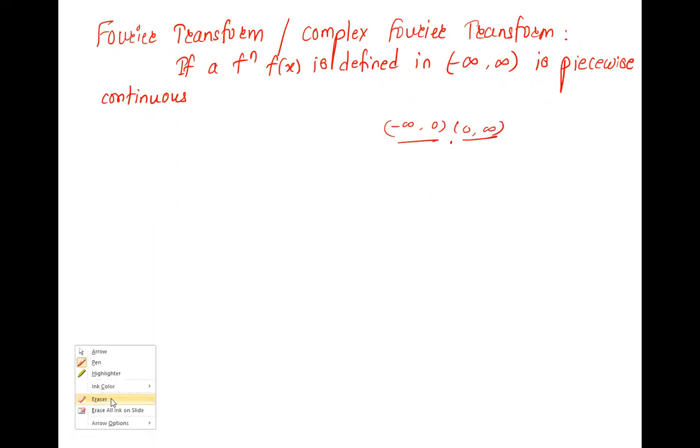It is called piecewise continuous, continuous in pieces, in each finite interval.